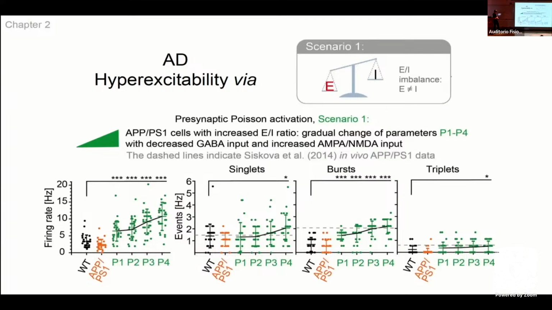And then parameter 3, in this example, seems to be the closest match with the data, showing that from the wild type to the modified Alzheimer's cell, there is no increase in the single spikes, but there is a strong increase in the bursts. So it's nearly doubled. And you see also here a strong increase in the triplets. This is even nearly tripled. So this would be one explanation.